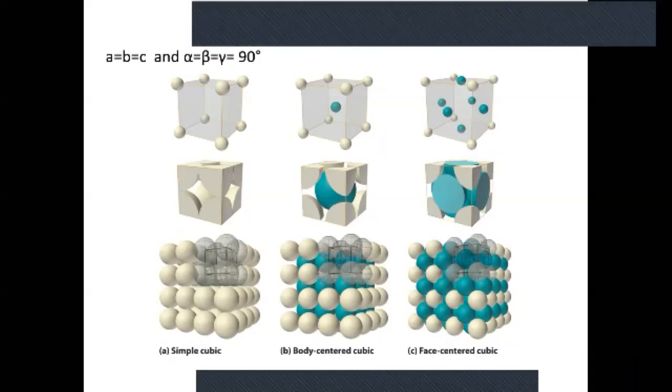These are simple cubic, body-centered cubic, and face-centered cubic. So simple cubic, there is an atom located on every corner. So for a simple cubic unit cell, you can only have 1 atom in it.